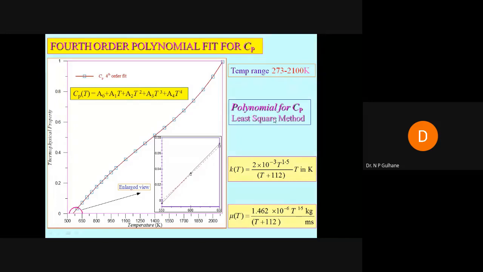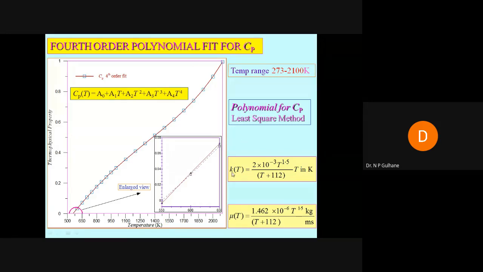This is the polynomial fit for Cp, which is put by the least square method. This is plotted with the least square method. The enlarged portion is shown for this area, below 500. You can see there is no such change. But later on, these two overlap, and then it is widely increasing. Okay. So this is the polynomial fit for Cp.